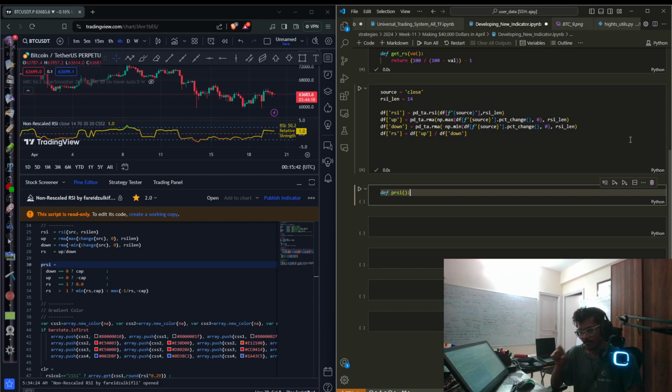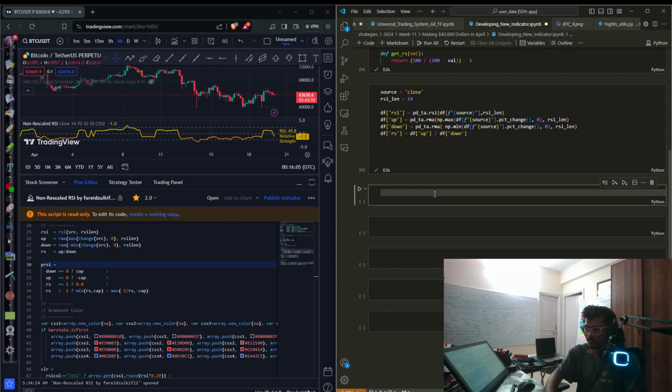Otherwise, if up is equal to 0, we use minus cap. Otherwise, if rs equals 1, then we use 0. Otherwise, if rs is greater than 1, then we use the mean of this, or finally the max of that. So it's multiple conditions.